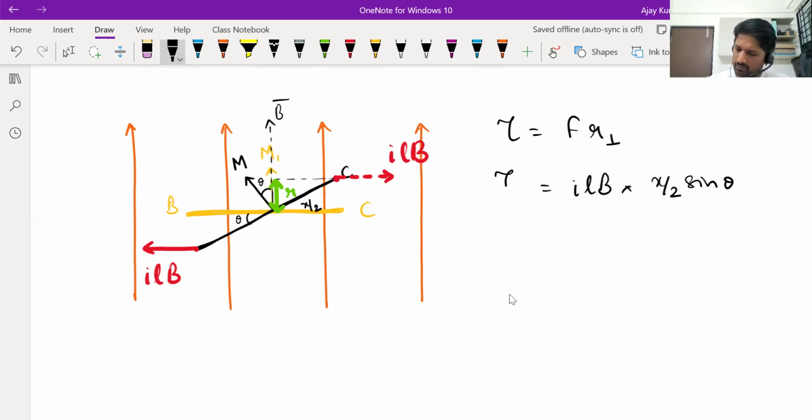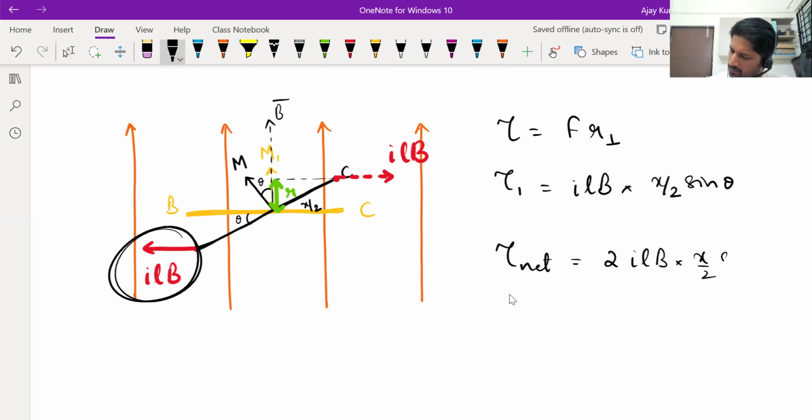That's the torque produced by one force. The other force also produces the same amount of torque in the same sense. Then the net torque on the current loop becomes 2 times ILB into X by 2 sin theta. The 2's cancel. You get ILX B sin theta.